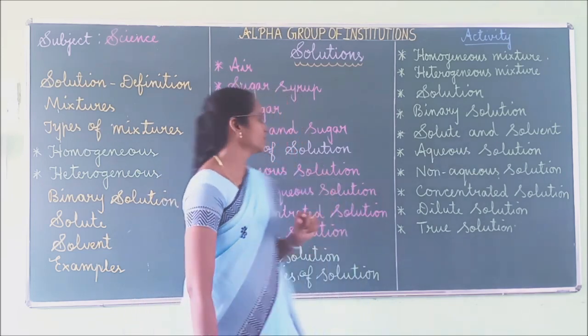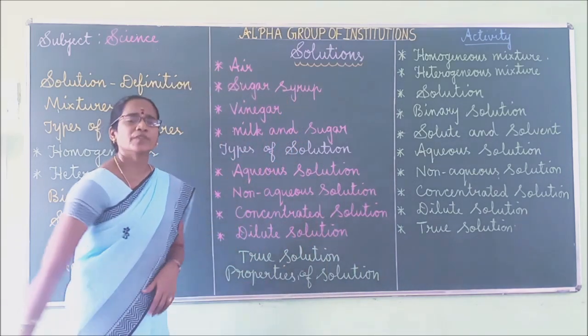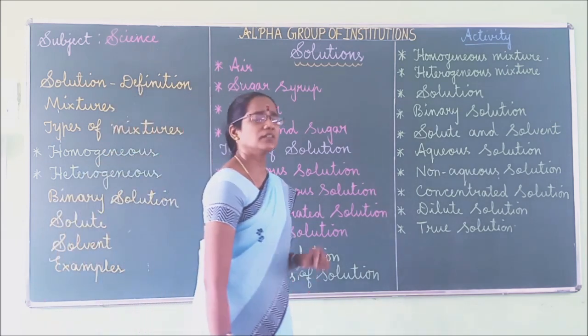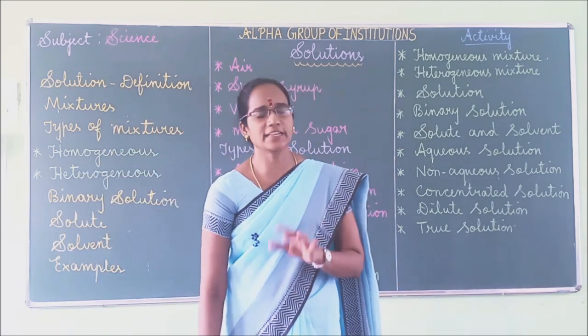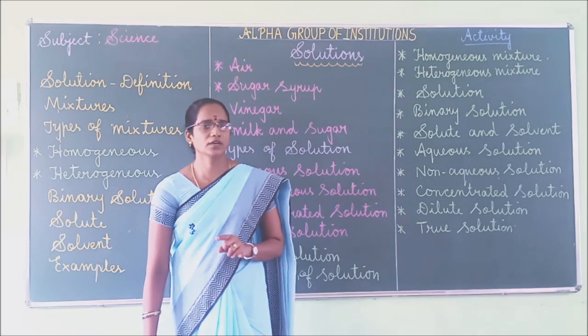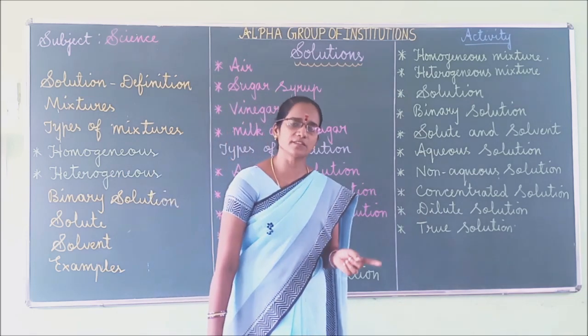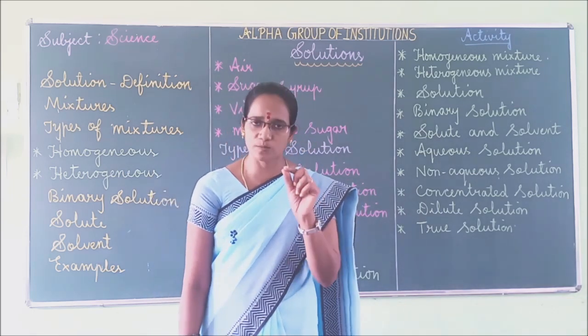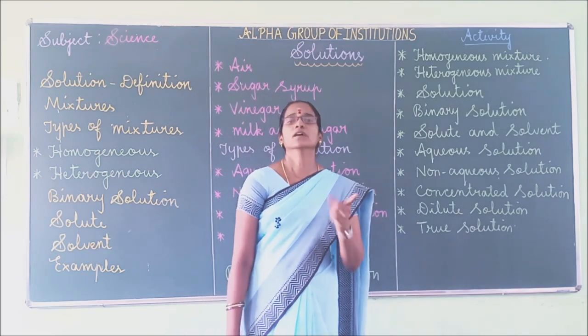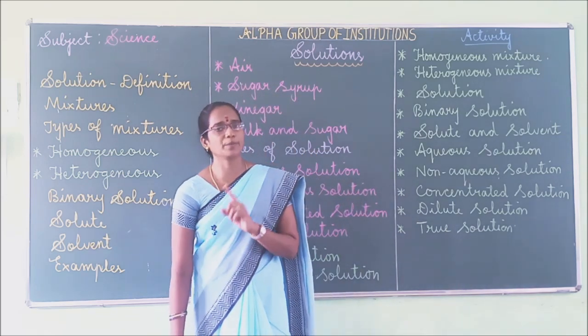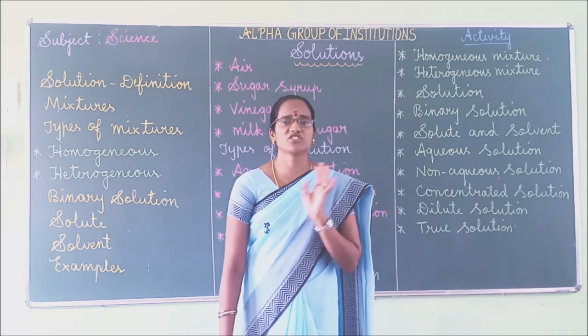Got it? Right. Next one is vinegar. Vinegar is nothing but the mixture of acetic acid and water. Here acetic acid acts as a solute because it is present in smaller amount, whereas water acts as a solvent because water is present in larger amount.